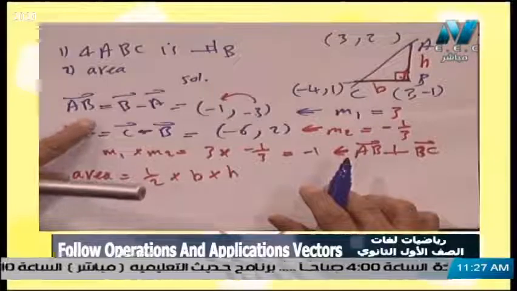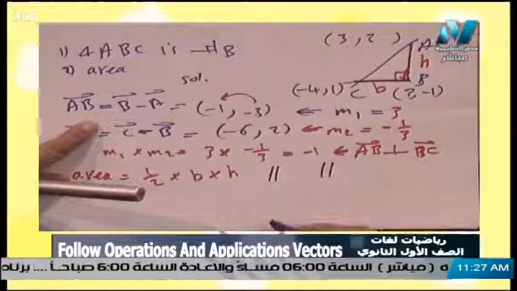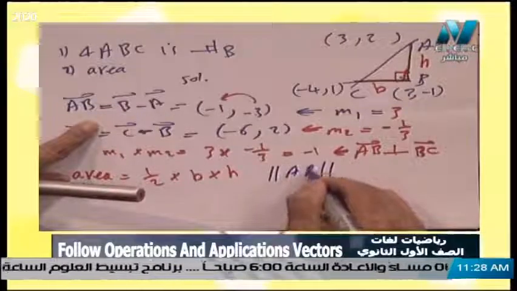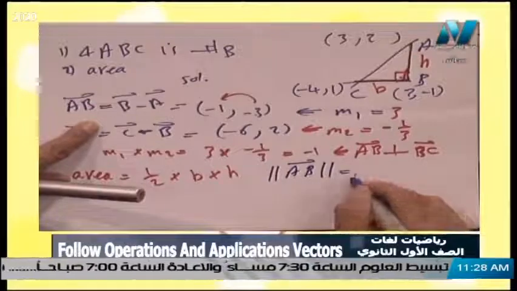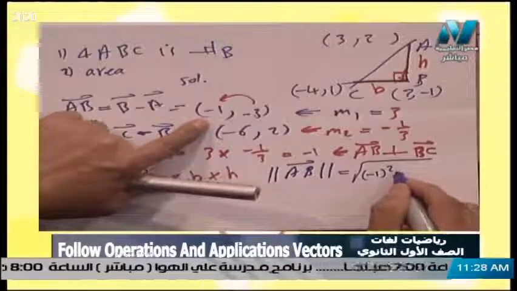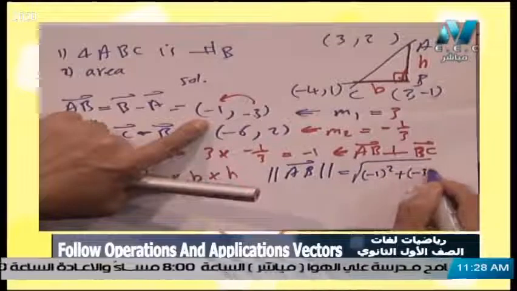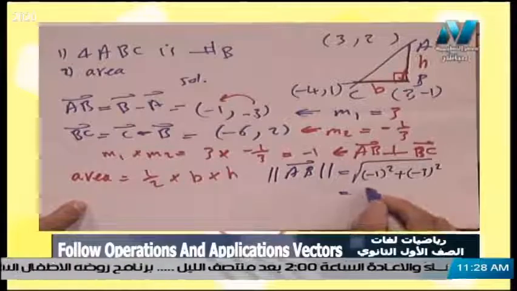To find the magnitude or the length of the vector AB, we have to find the norm of AB. The norm of AB equals the square root of negative 1 power 2 plus negative 3 power 2.